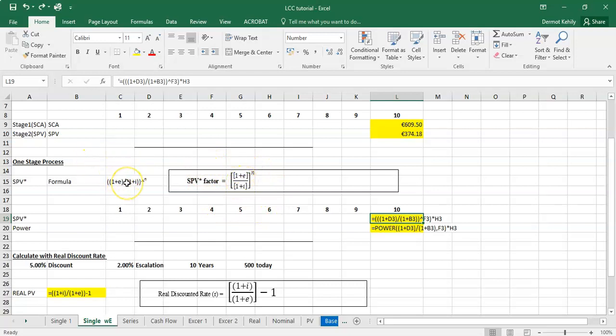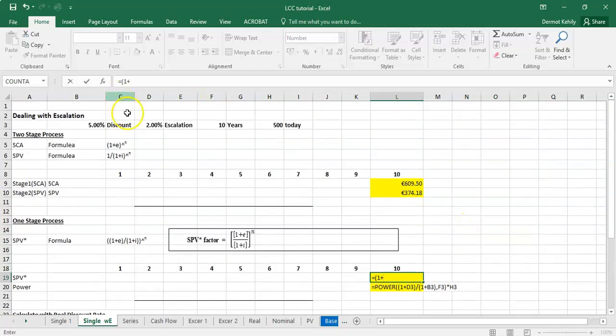So you'll remember that from our lectures, in terms of the explanation of the formula. I can do it using this formula manually, or I can use the power formula. Okay, so let's try this. Just going to delete what's there, and I'm going to use this SP factor formula. So equals, and I'm going to start with 1 plus E, being escalation.